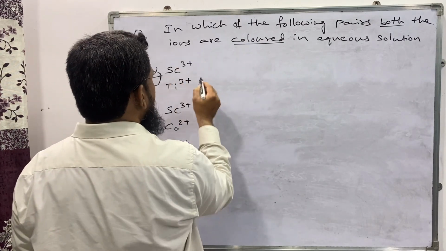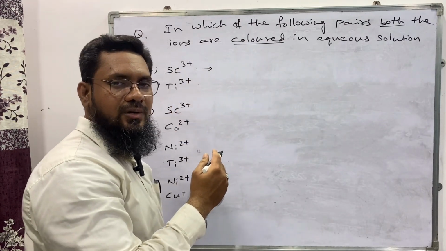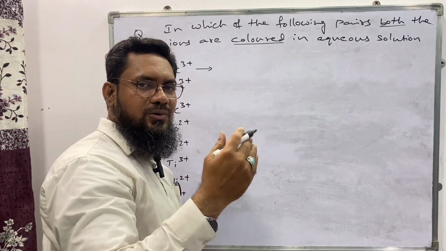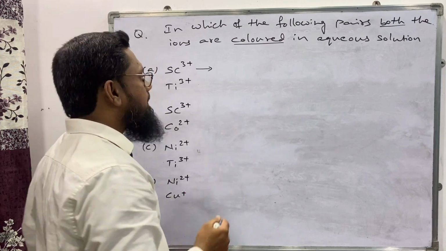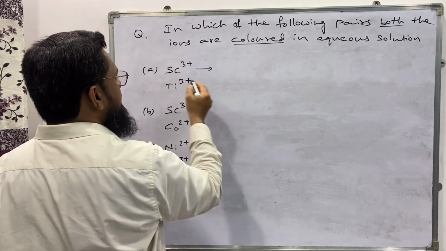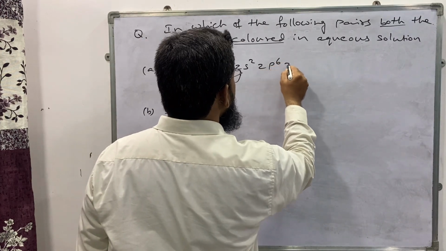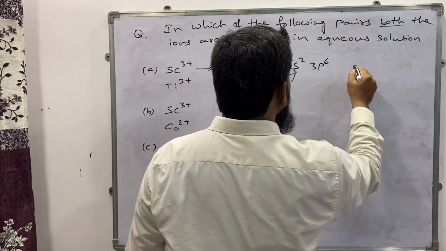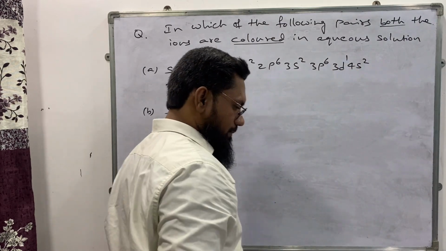For example, if you take scandium, you know scandium atomic number is 21. In the beginning of our session itself, I said you should know the elements from 21 to 30 perfectly. So you should know the name and number. Scandium number is 21, so configuration is 1s2, 2s2, 2p6, 3s2, 3p6, then here 4s2, 3d1.